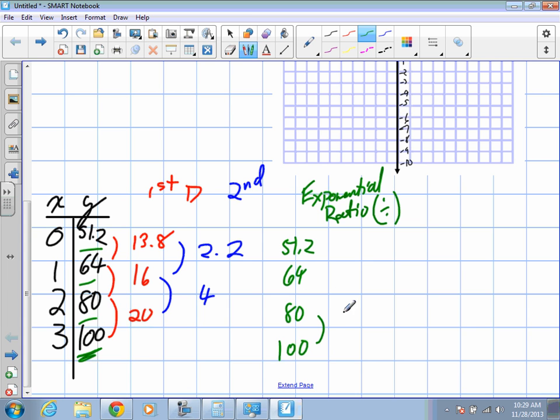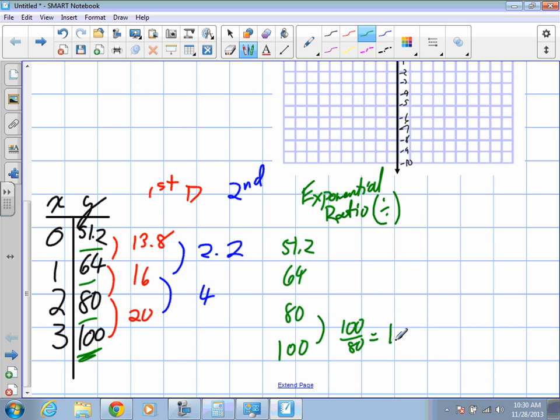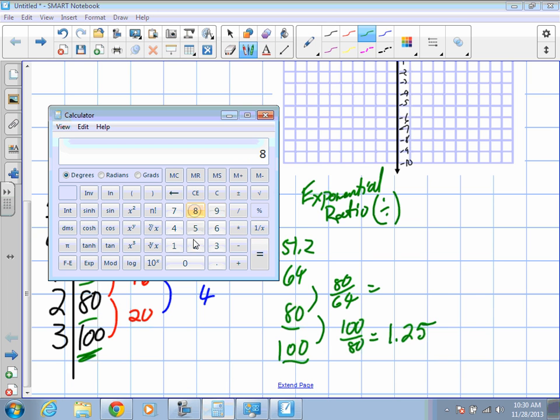So this becomes 100 divided by 80. We'll take a calculator out to find this ratio. 100 divided by 80, 1.25. Then we do the next pair. We take 80 divided by 64 and find our ratio. 80 divided by 64, 1.25.